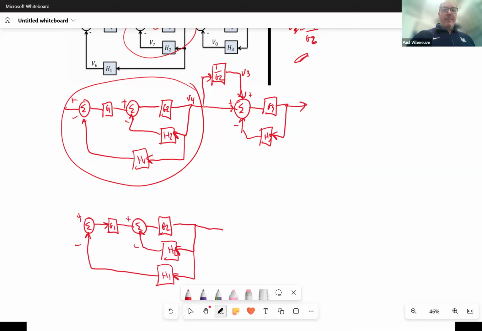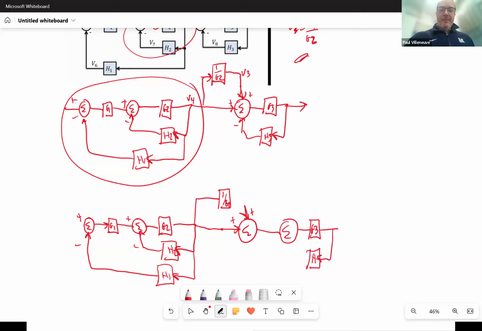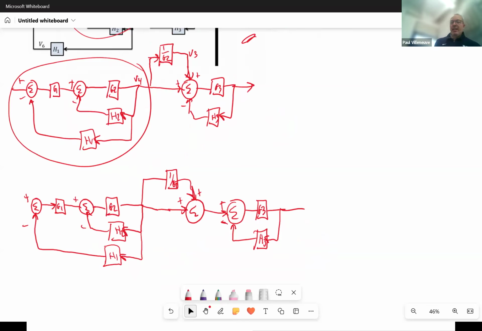So I'm going to put a summer over here, and I'm only going to make that a 2 input summer. And the reason why I'm doing that is because I'm going to break this last path off as its own summer. But now I've got it set up in negative feedback, right? Much, much easier to see that when I break out those elements that way.